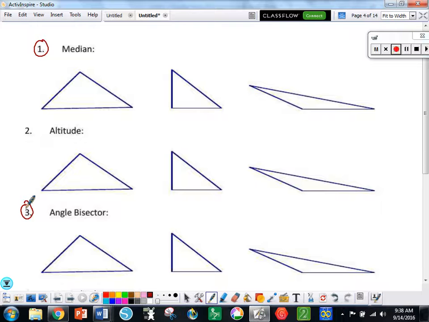Now a median sounds like what? The middle. The median is a segment that connects the vertex and the midpoint.